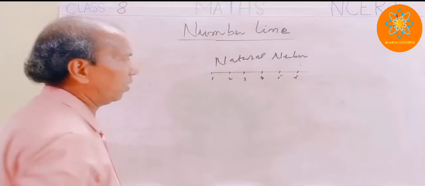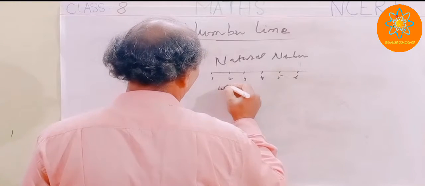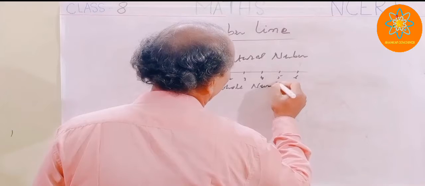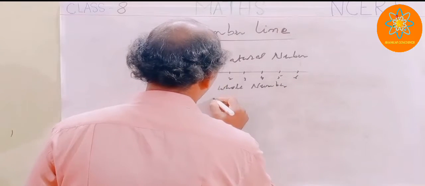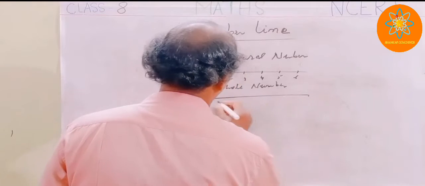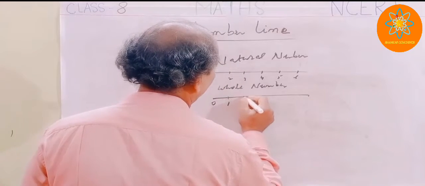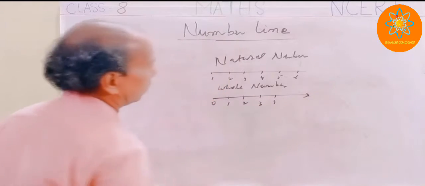It will start from 1. Suppose we have the whole number. So in the whole number case, it will start it from 0. This is 0, 1, 2, 3, 4, and so on.